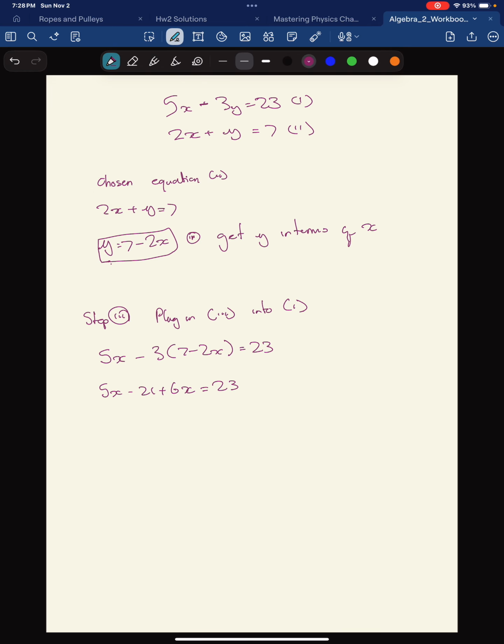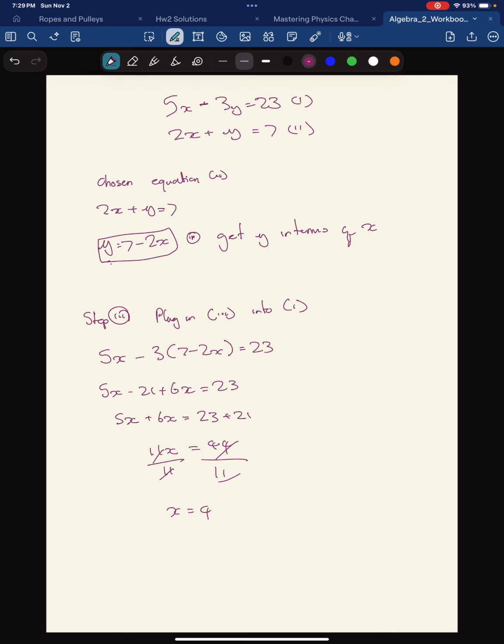Sorry, I think I did this weirdly. It's going to be 5x plus 6x equals 23 plus 21. It's going to be 44, 11x over 11 over 11, and x is going to be equal to 4.